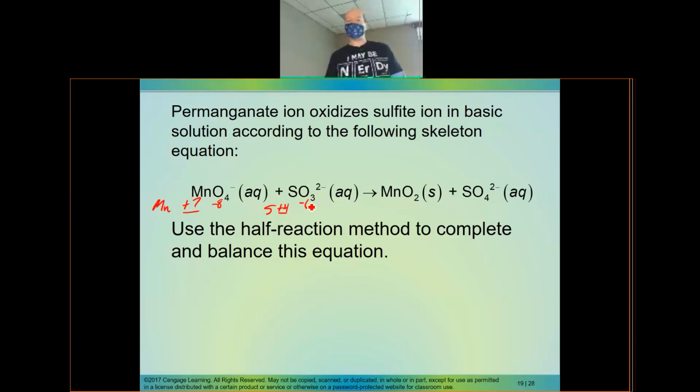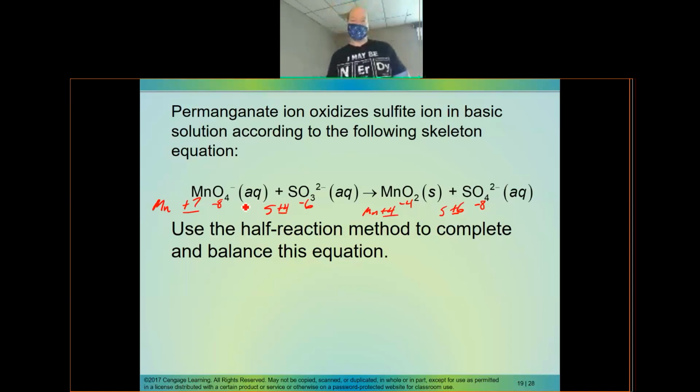All right, you got 2 oxygens on your MnO2, so that's minus 4. It's neutral, so the Mn on this side is plus 4. And then your SO4 minus 2, 4 minus 2s, that's minus 8, and S has to be a plus 6 in order to get a negative 2 overall charge.